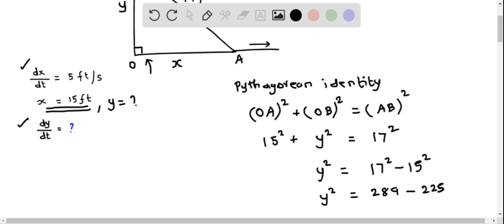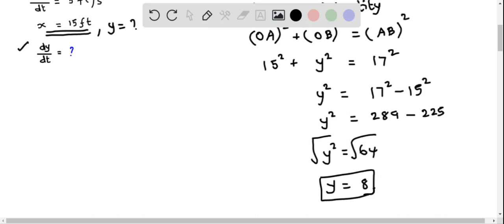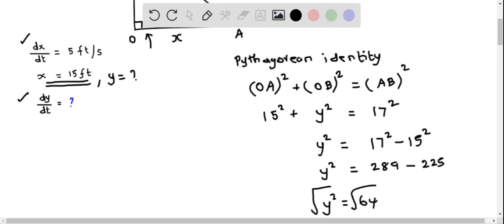So when we do the subtraction, we get 64. That is, y squared equals 64. Now we take the square root on both sides to determine y. So we get y equals the square root of 64, which is 8. So we have determined the corresponding y distance when x equals 15 feet, and we can now say that it is 8 feet.